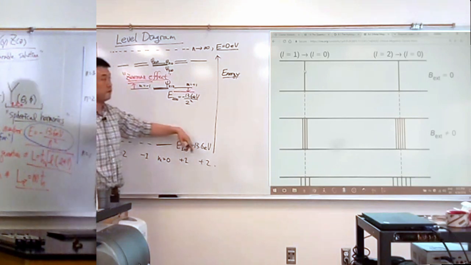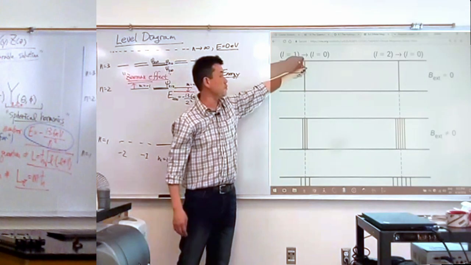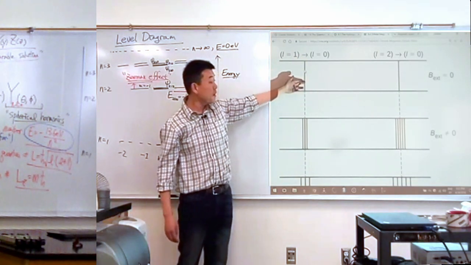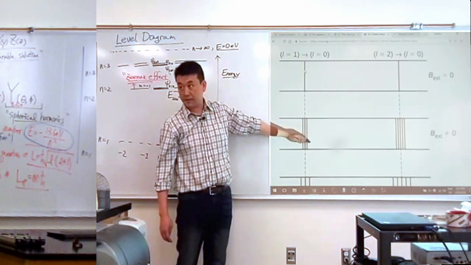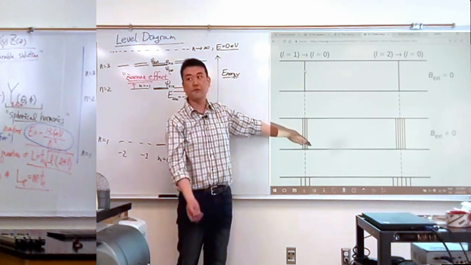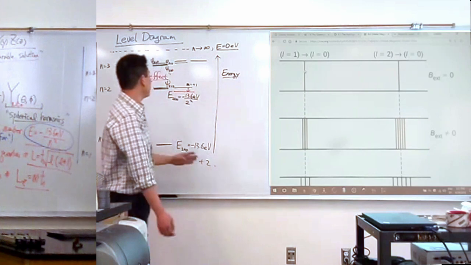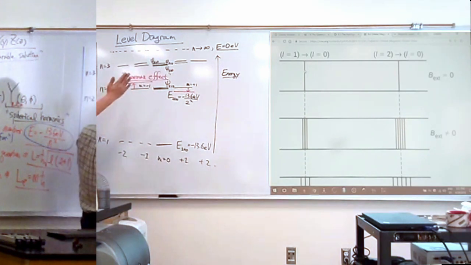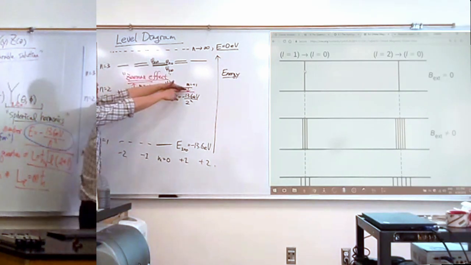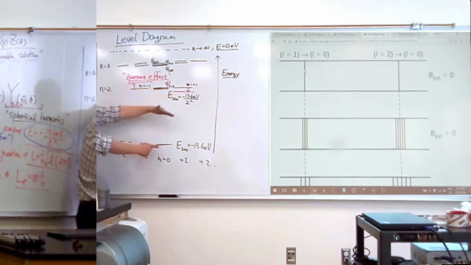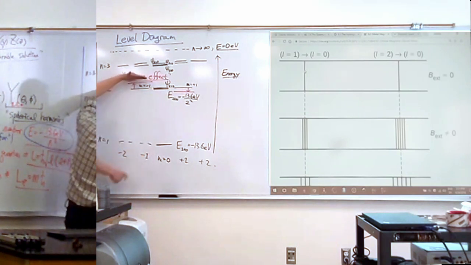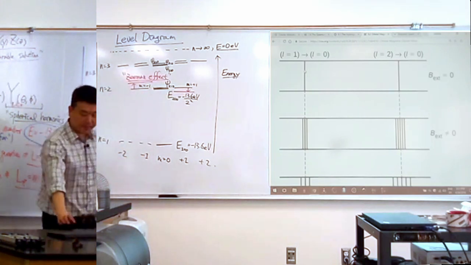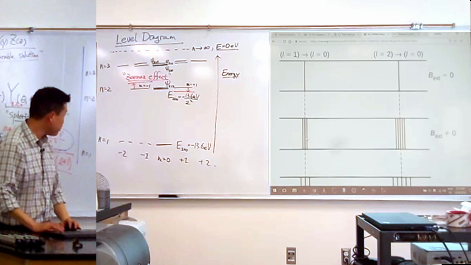With zero applied field, all those 3 transitions show you the same energy. But once you start applying a magnetic field, and if you have enough resolution to see it, then you will start to see that spectral line split. This transition will now involve lower energy. This transition will now involve higher energy. That's what this splitting here is showing.